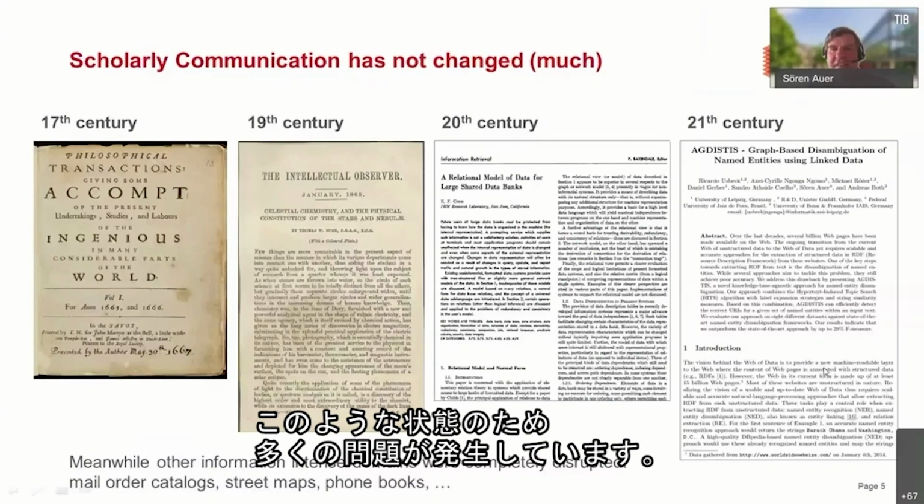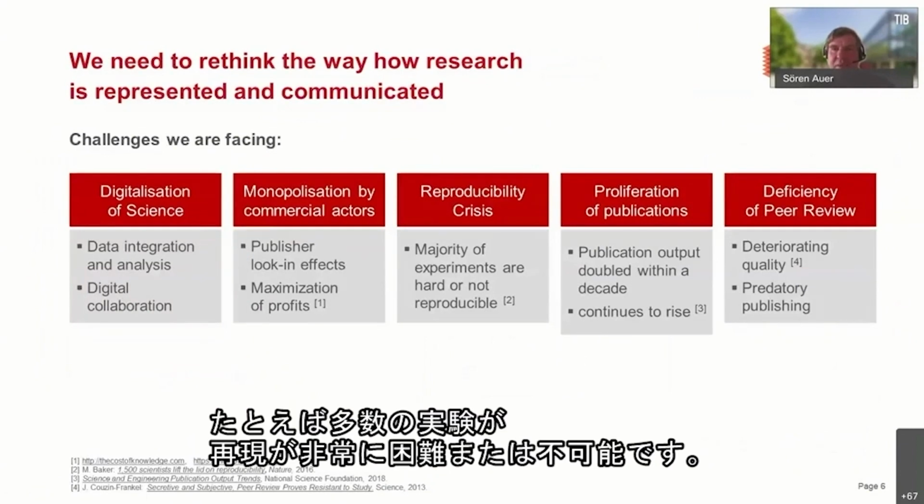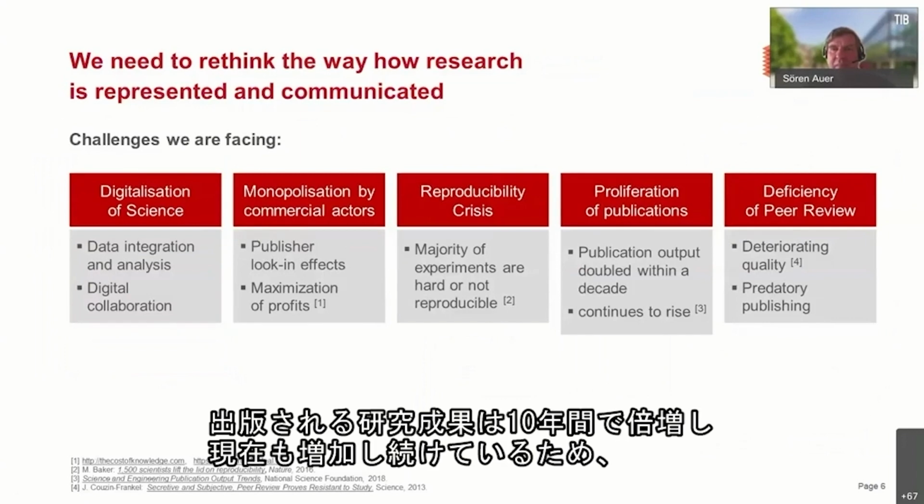And this creates a number of problems in science, in research. We have a reproducibility crisis. For example, many experiments are very hard or not reproducible. We have a proliferation of publications. There is a flood of publications. The publication output, for example, doubled within a decade and is continuing to rise.